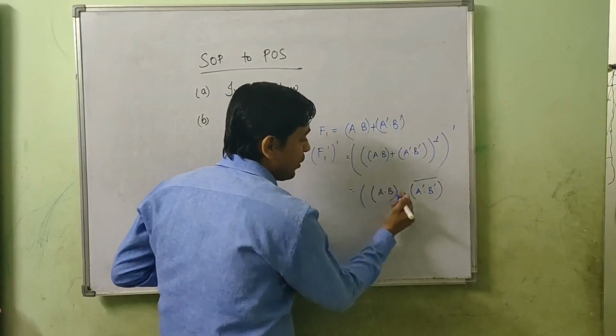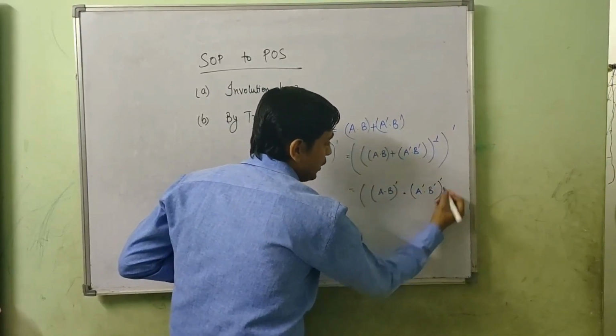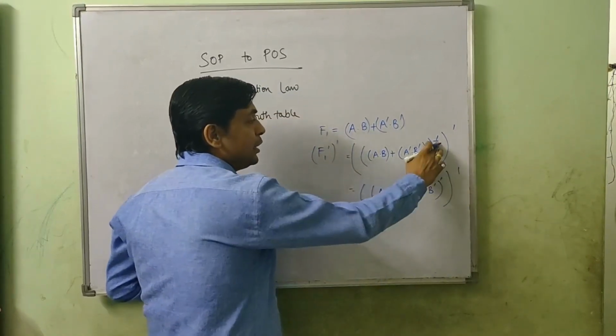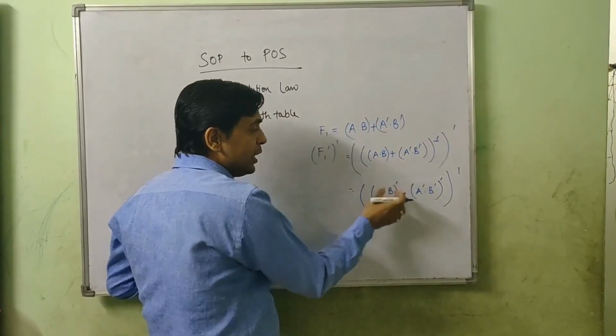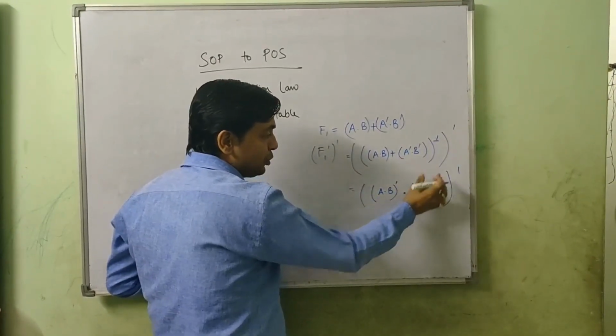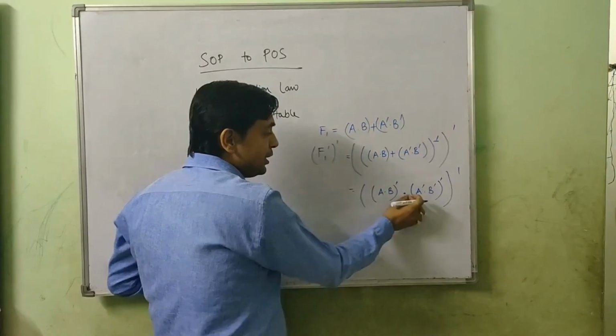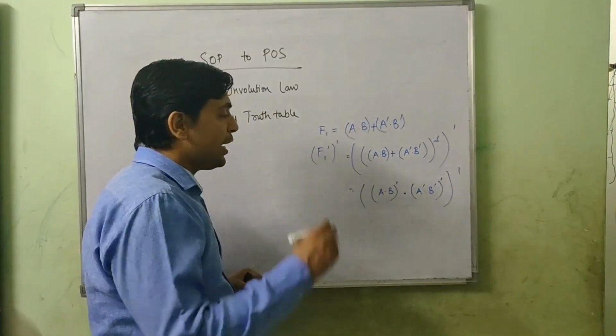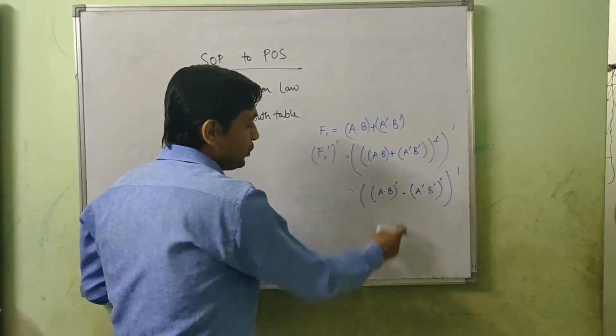You can represent this complement as a bar or as a complement symbol over the whole. So what happened is the complement entered inside, applied on this bracket and that bracket individually, and the plus changed into a dot, or an AND operation. So OR changes into AND.